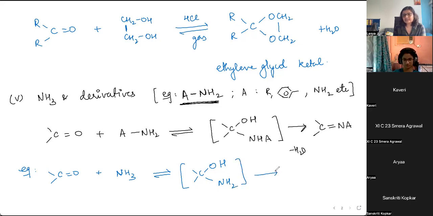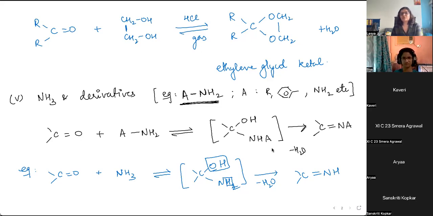And this undergoes elimination, loses one molecule of water, OH plus the single hydrogen here. So what you end up getting is C double bond N, and whatever remaining part remains as it is. So in this case, it remains NH.